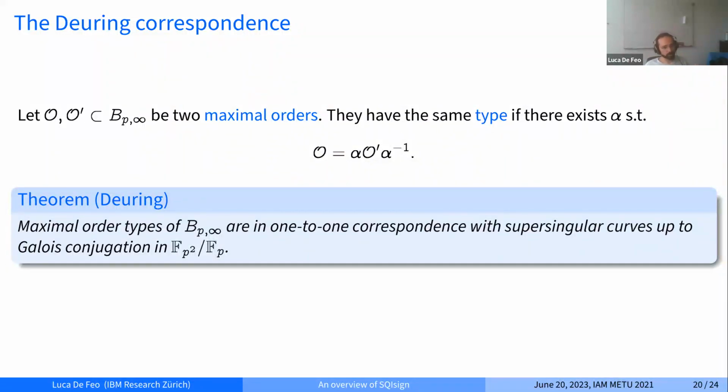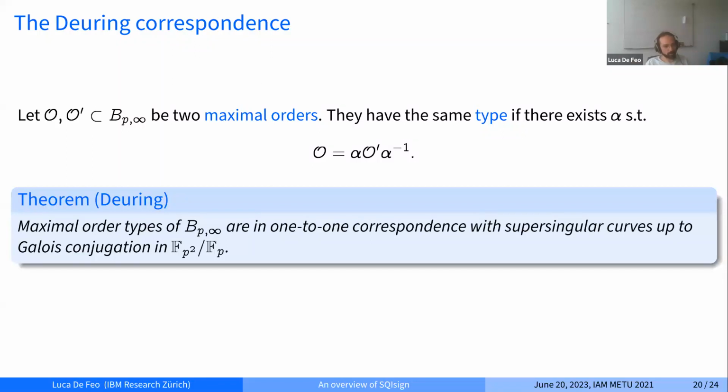So we say that two orders have the same type if they are conjugate of one another by a quaternion. So you see, if the quaternion algebra was commutative, then the type would just contain one order, because alpha or alpha minus one commutes, cancels with alpha, and then you just get O again.